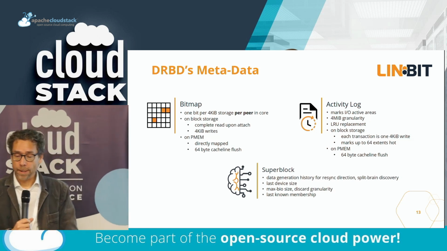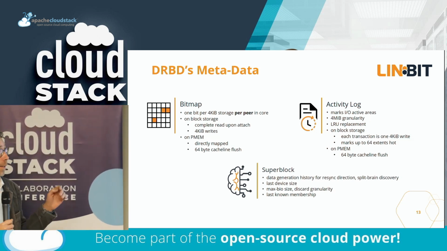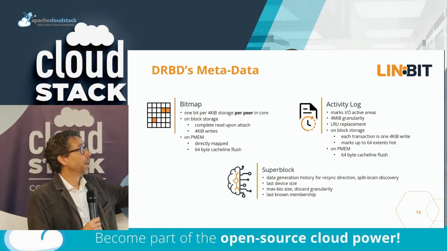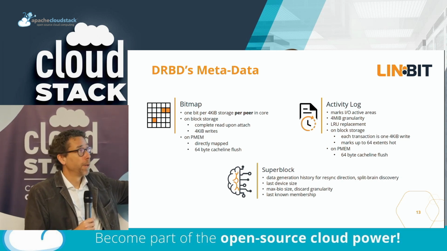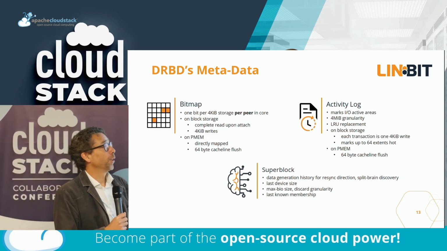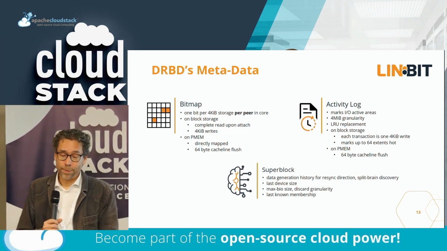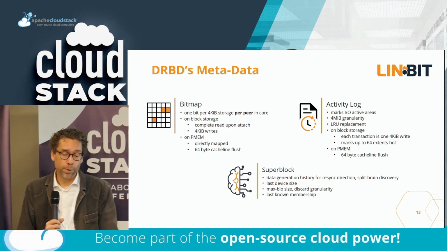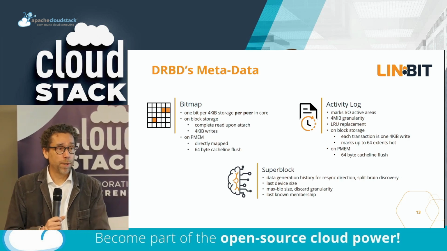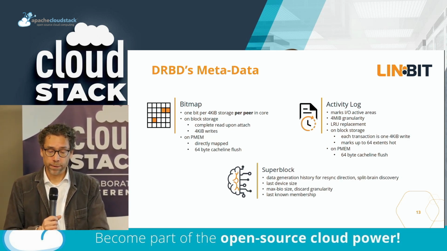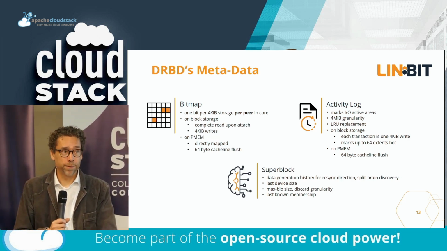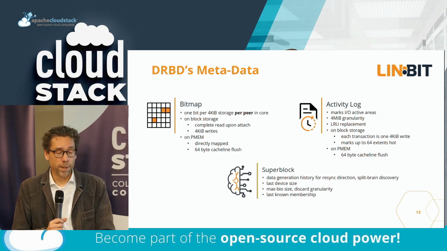So in the metadata, we have a bitmap. The bitmap, in concept, is very, very easy to understand. So we have 1 bit for 4K of storage for each peer. And that's an in-core data structure. We have that in memory.